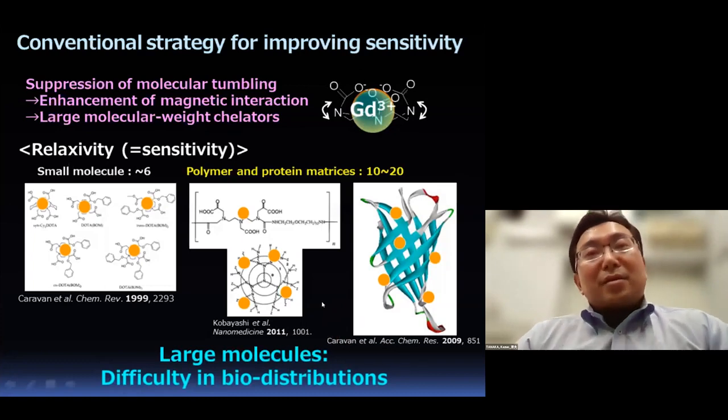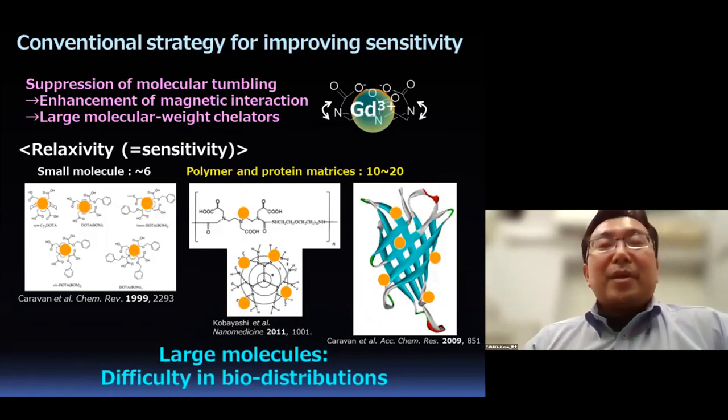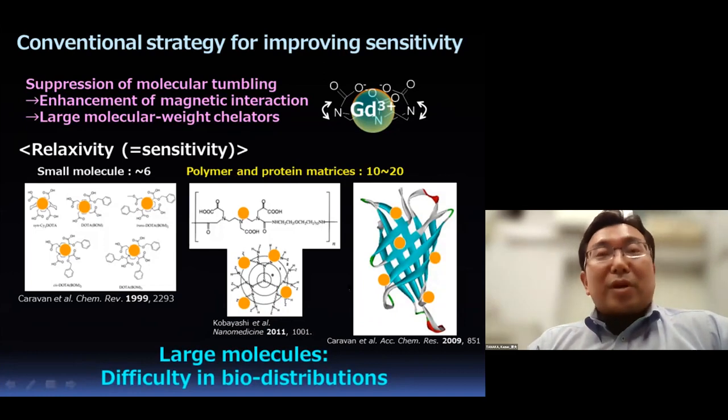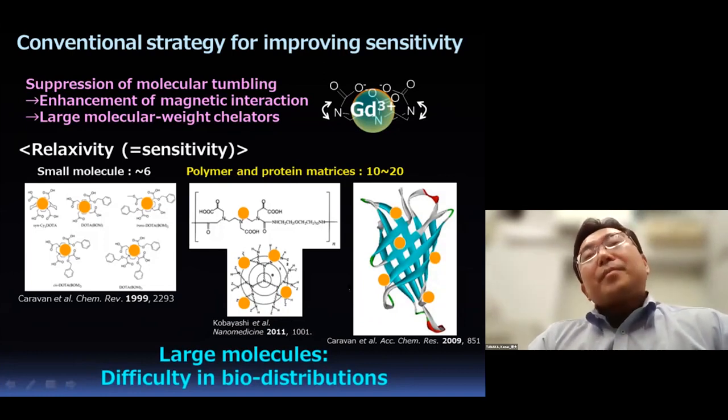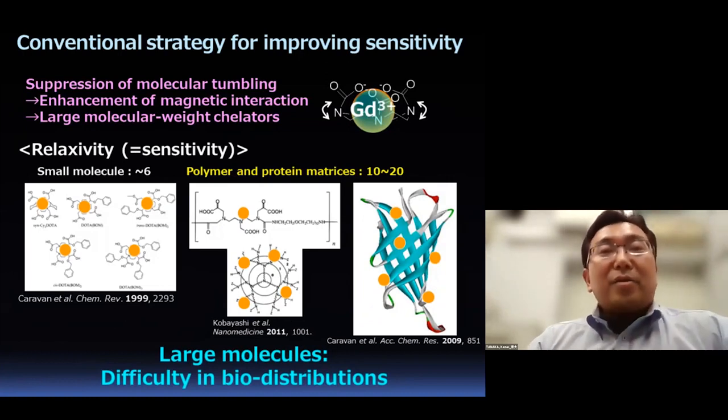But in practical usage, such large molecules are not favorable. In our body, these molecules cannot be absorbed into the cell. As a result, these materials should be rapidly eliminated from our body.